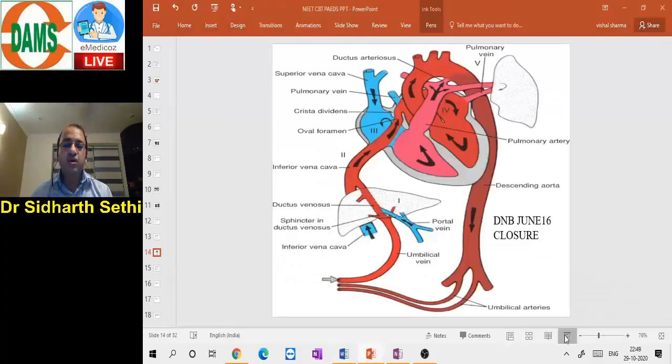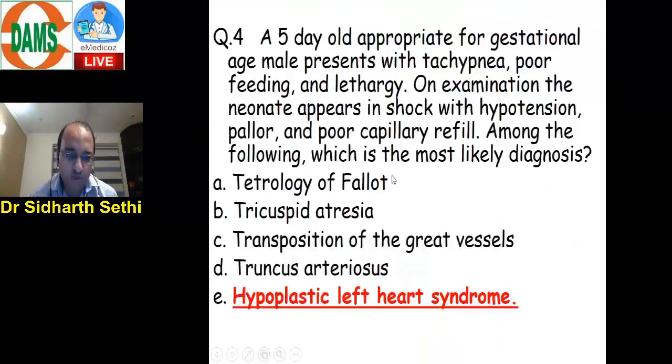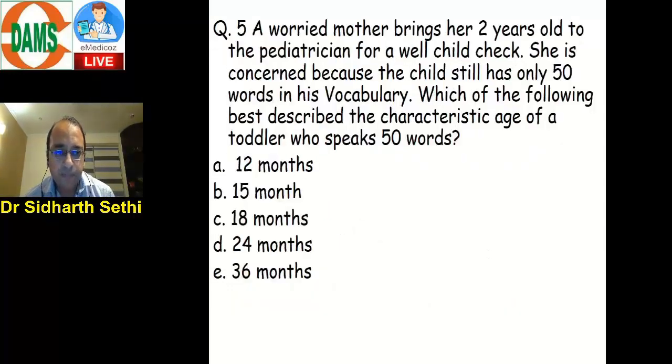So if we come back to this question, in a child who came to you with shock in the first week of life, I would say my differentials are hypoplasia of the left heart, a critical aortic stenosis, or a pre-ductal coarctation of aorta. And my next step is to give him prostaglandin infusion.